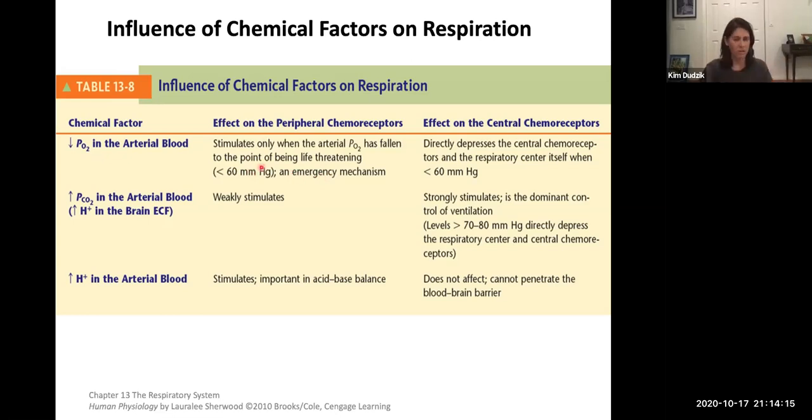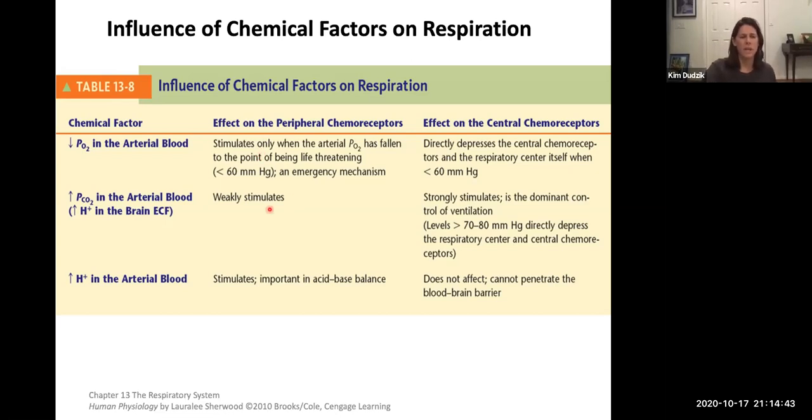And that's again at the arteries, not down at the tissues. So that's considered an emergency situation. You also have central chemoreceptors, those are in the brain, right? And so you can see that it's mainly the peripheral chemoreceptors that are primary when the blood oxygen gets too low.